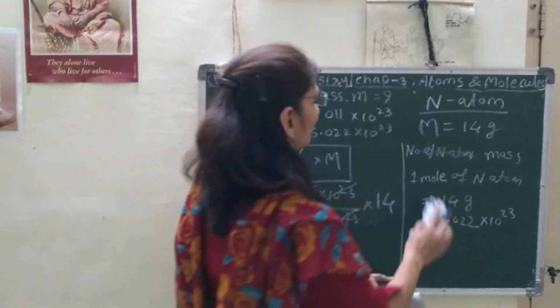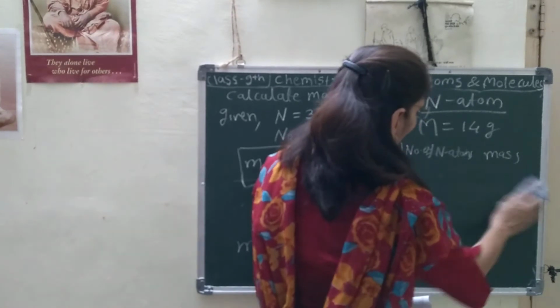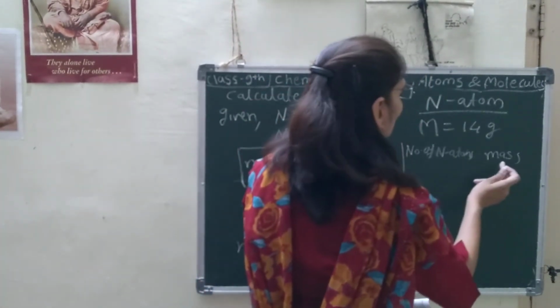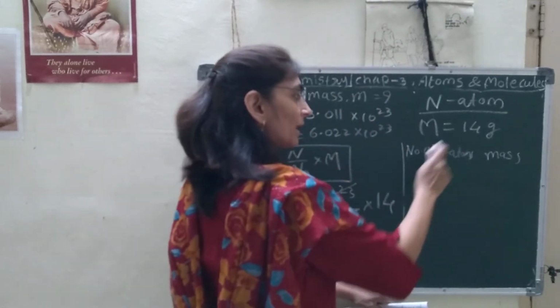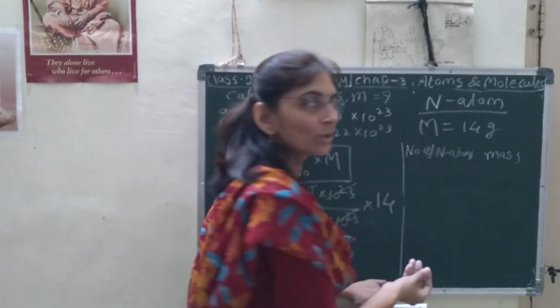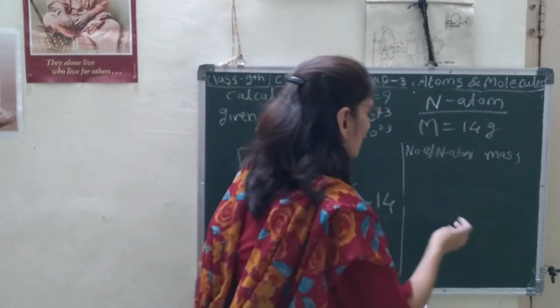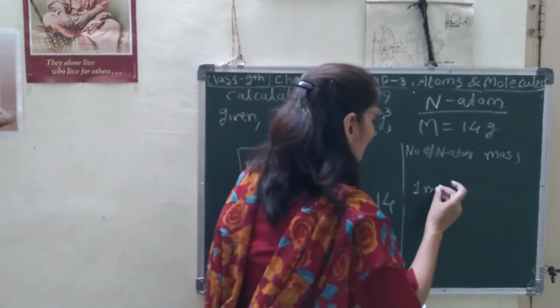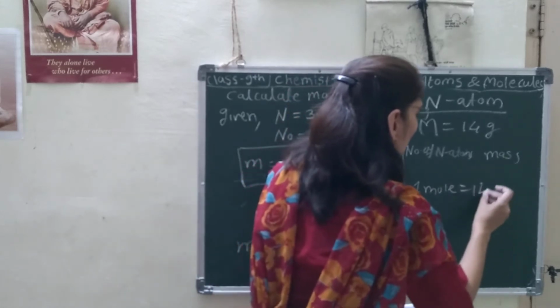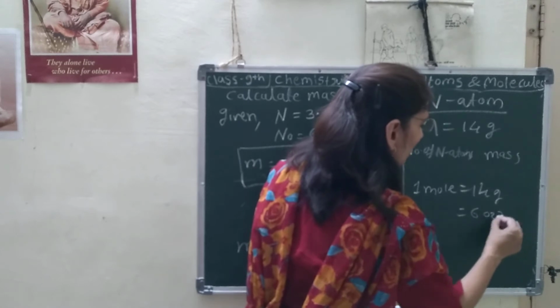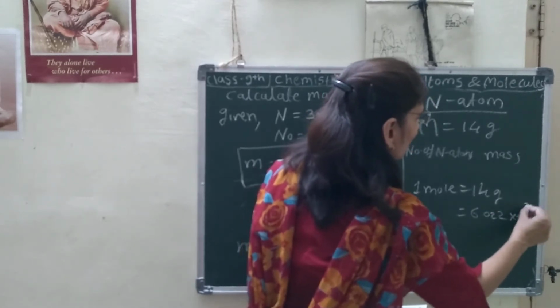So for mass 14 gram, what is the number? Avogadro's number, because 1 mole is equal to both. So these are equal. 1 mole is equal to 14 gram is equal to Avogadro's number 6.022 into 10 to the power 23.